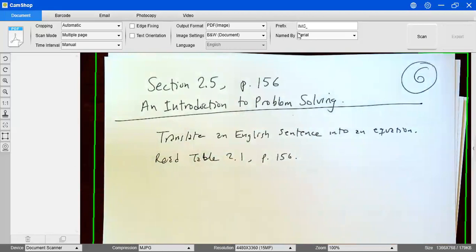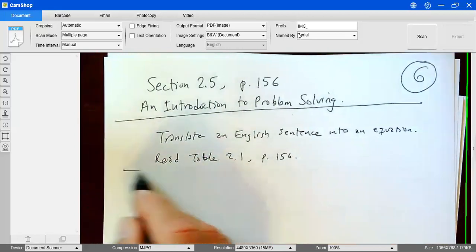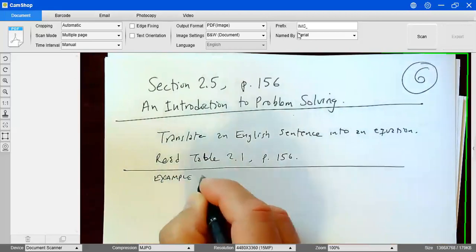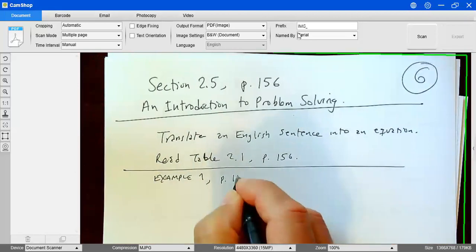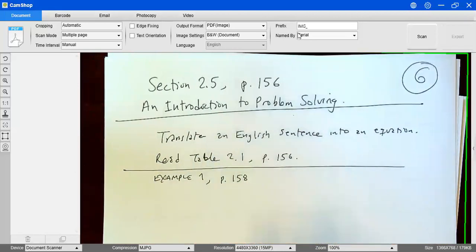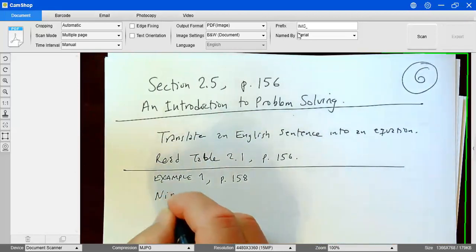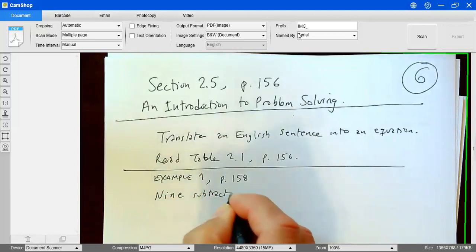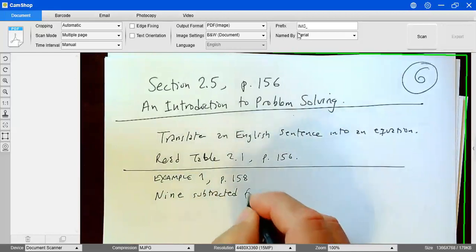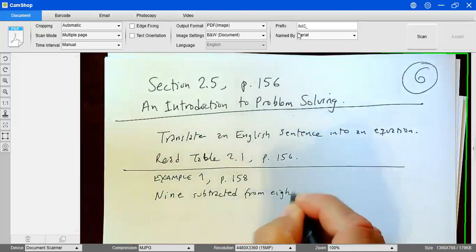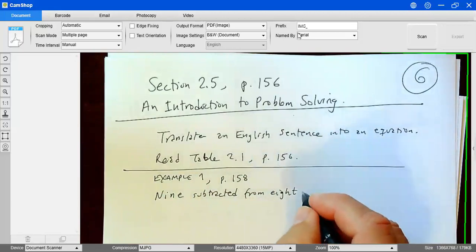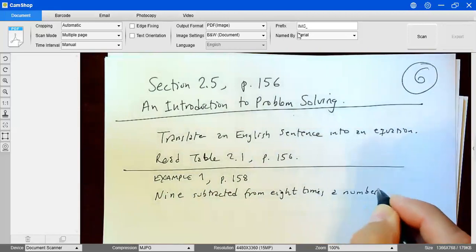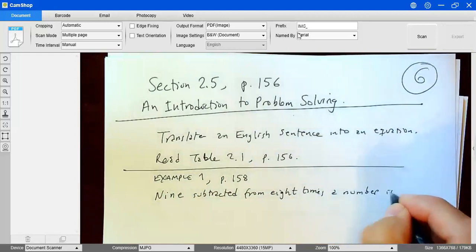So we're going to start with example 1, on page 158. I'm going to copy the problem. It says that 9 subtracted from 8 times a number is 39.